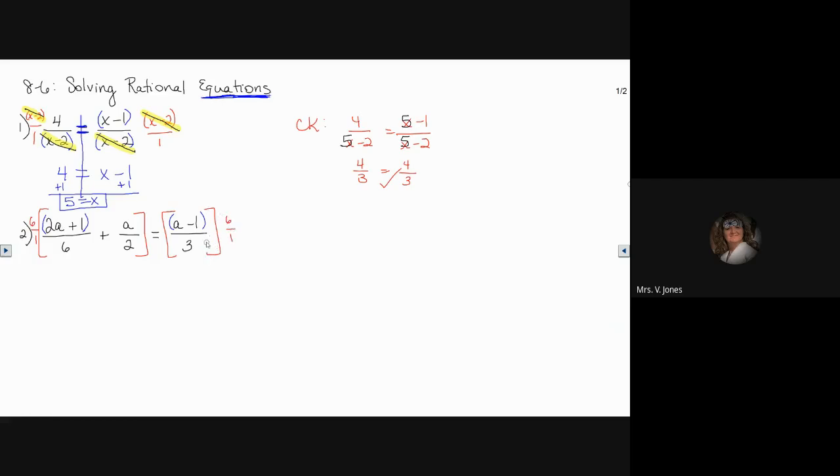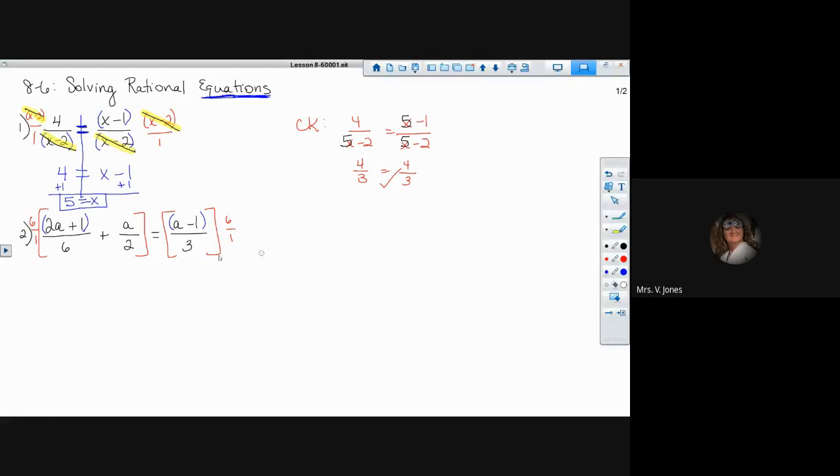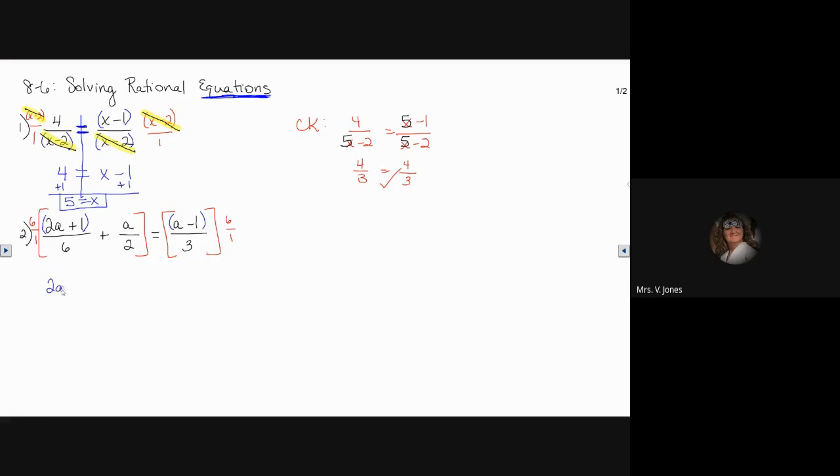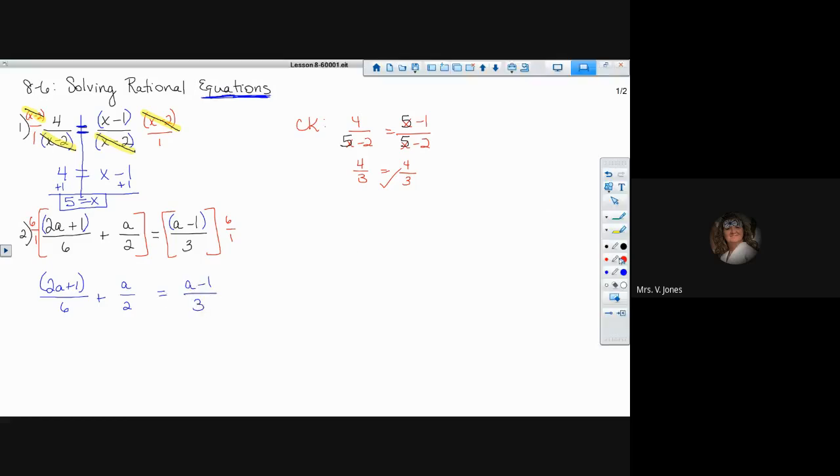And then I'll show you how I do it a little bit shorter in just a second, just after I explain this. So if I'm multiplying the first fraction, what I'm actually doing here is I've got a 2a plus 1 in parentheses on top over 6. And over here I have an a over 2. And my original looks like this. Okay, so now I'm multiplying the left side by 6.